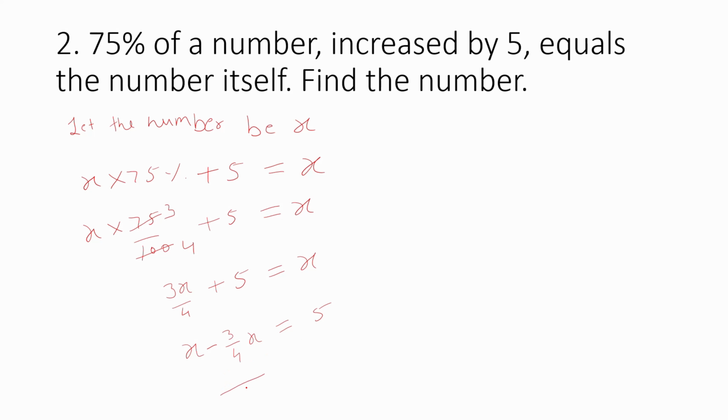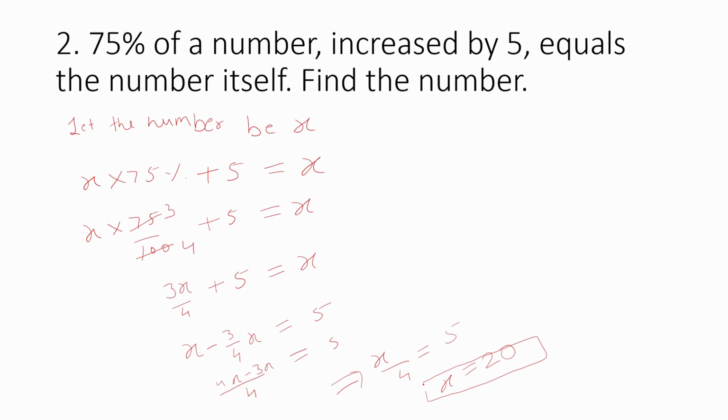LCM is 4. 4x minus 3x is equal to 5, means x upon 4 is equal to 5. That is, x is equal to 20.